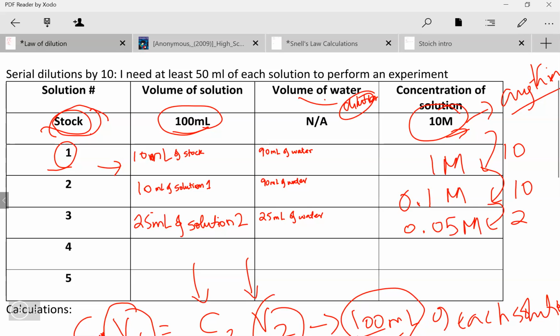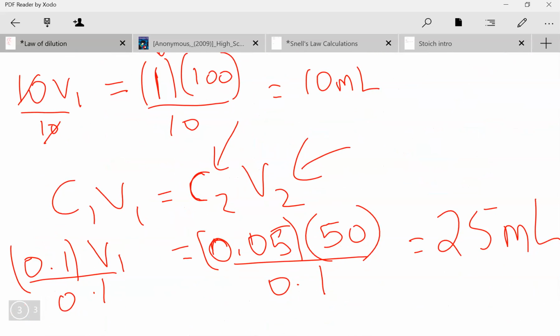I want to dilute it by half, so I take 25 milliliters of that and add 25 milliliters of water. So that's effectively halving, it's making the concentration half. And you can decide any dilution factor you want. You can decide your V2 depending on your experiment, and you can calculate your V1, but that's essentially what a serial dilution is.